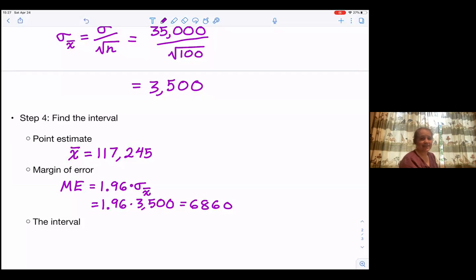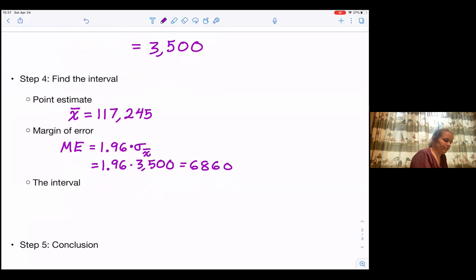Next up, we need to find our interval. So for our interval, we take our point estimate of x bar. We go up by our margin of error and down by our margin of error. So in this case, we start off with 117,245.